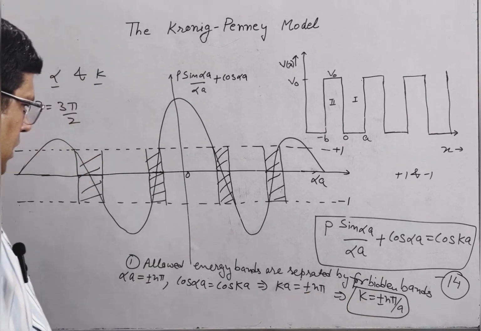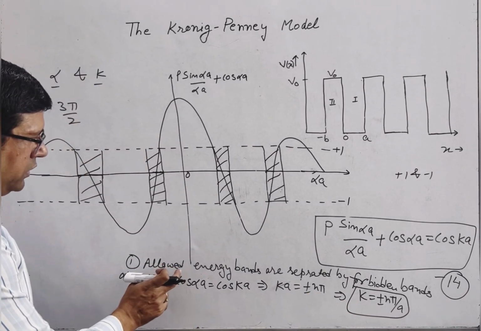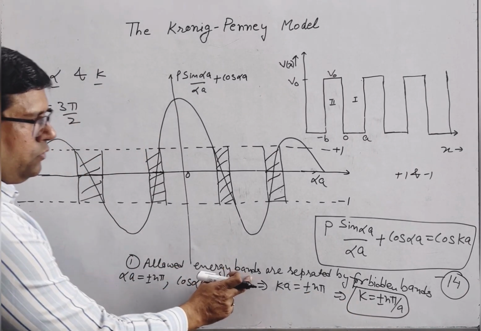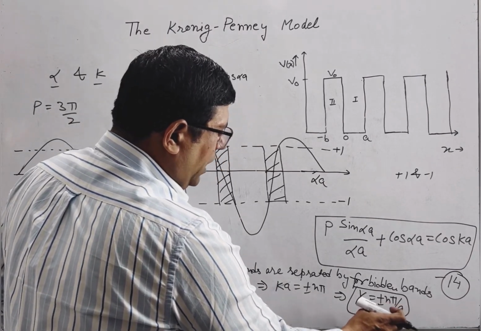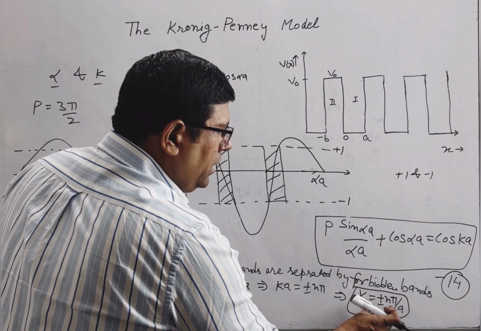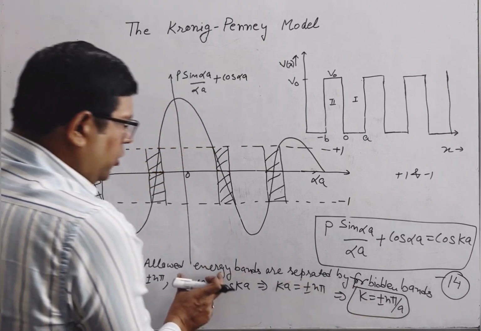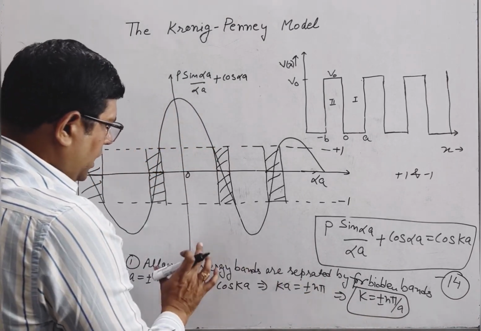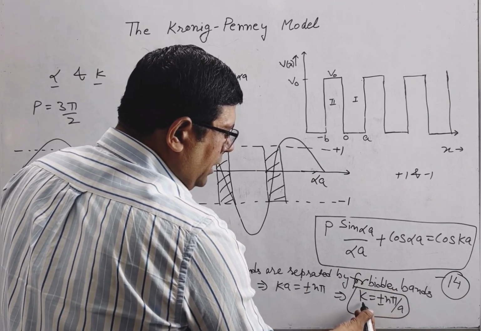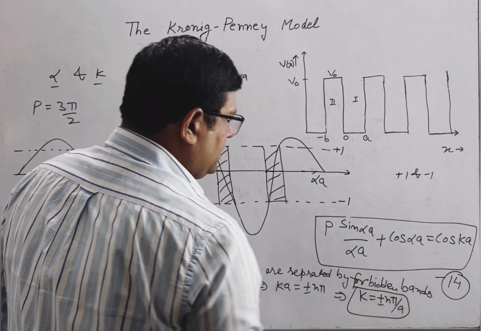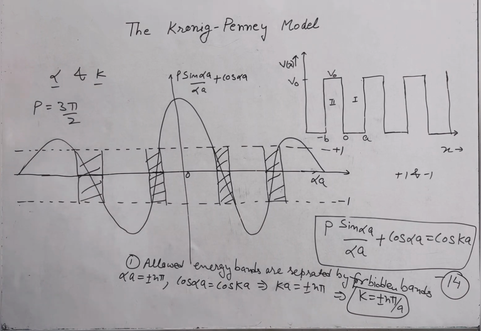So the boundaries of these allowed energy bands will exist at k equal to plus minus n pi by a. These will be discontinuities for allowed band. Okay, so allowed and forbidden bands are separated at k equal to plus minus n pi by a.